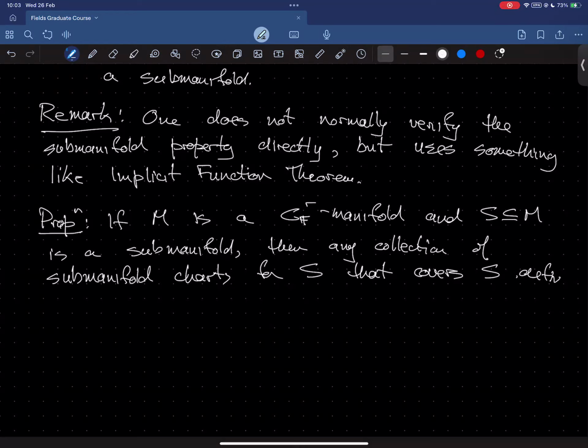defines an atlas according to the following construction.